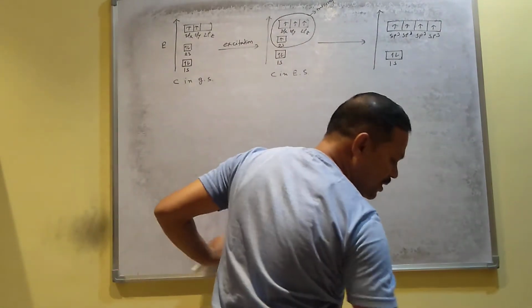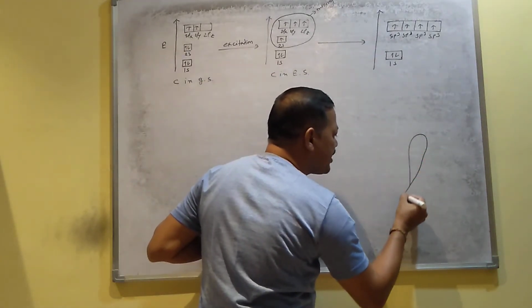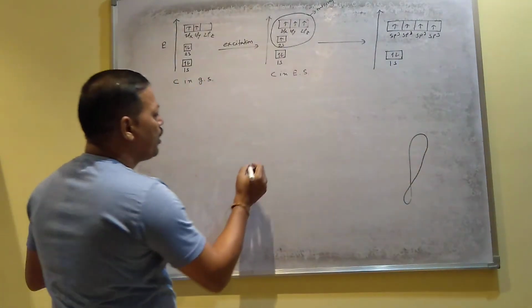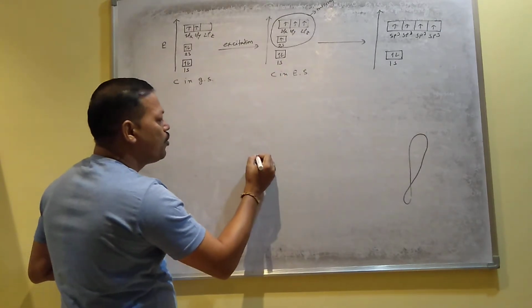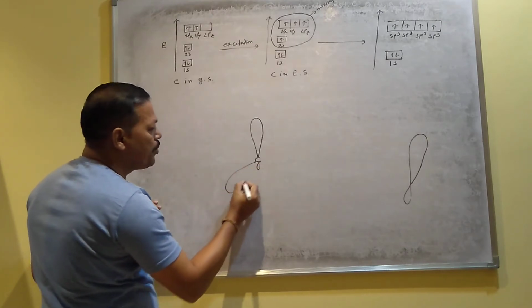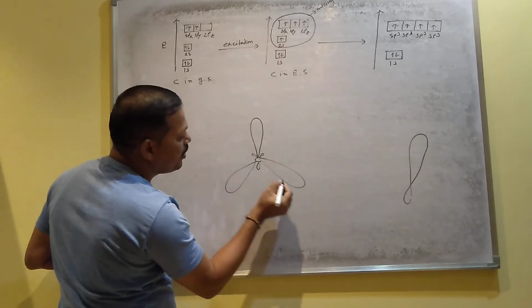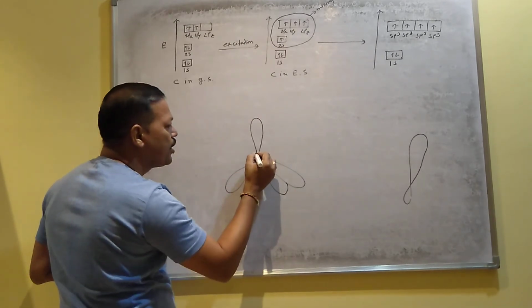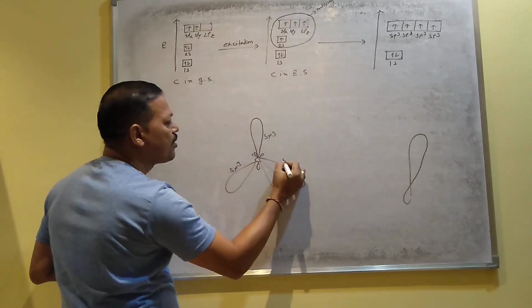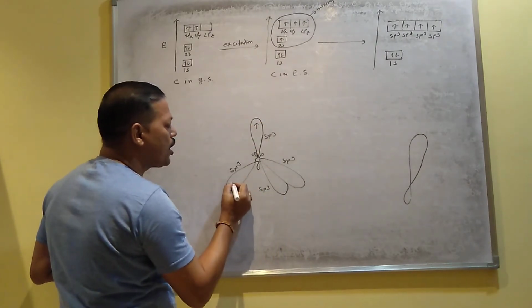And these are called sp3 hybrid orbitals. Their shape I have already told you, it's like this. Due to mixing of s, one lobe will be larger and one lobe will be smaller. So carbon produces 4 sp3 orbitals: one sp3 will be present like this, another like this, another like this, and another below the plane. These are the sp3 hybrid orbitals, which form the tetrahedral structure, and each contains 1 electron.